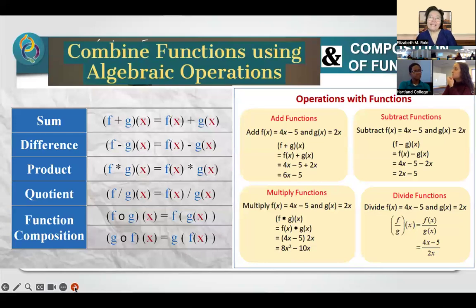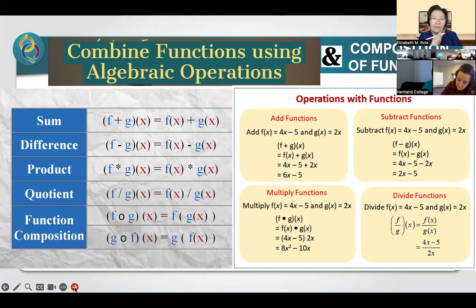Now, just like our algebraic expressions, we can combine using addition, subtraction, multiplication, and division, and now we will introduce a new way of combining these expressions, where I will be very specific that we're dealing with functions.